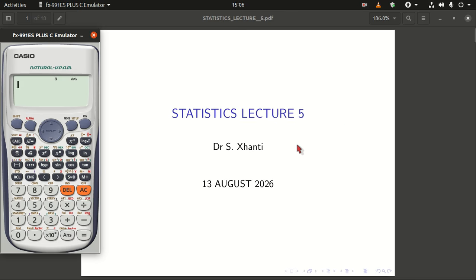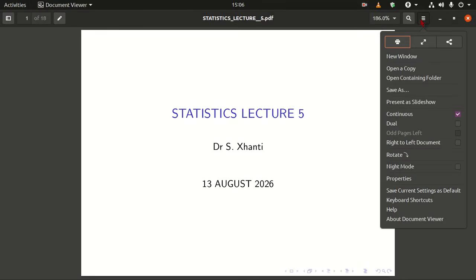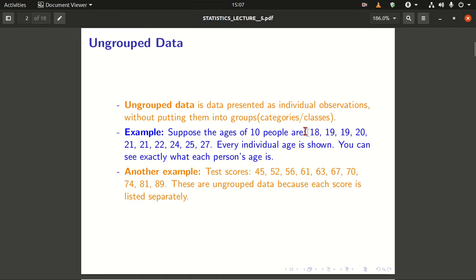Of course, let's start with what we did last time. We talked about ungrouped data, and we said ungrouped data is data presented as individual observations without putting them into groups, categories, or classes. So when every single observation is written like this, ages of 18 years, 19, 19, 20, 21, 21, 22, 24, it is ungrouped data.